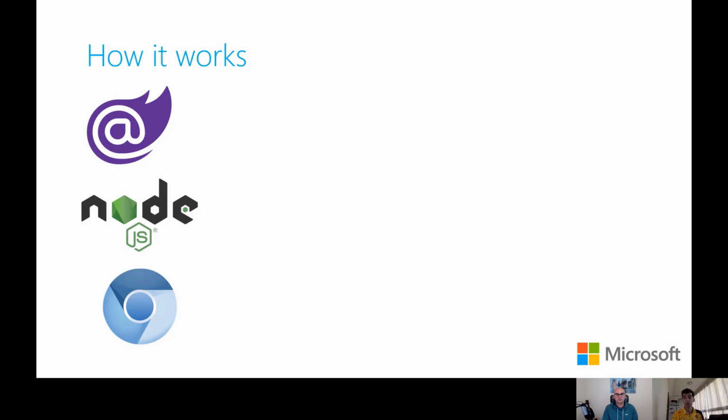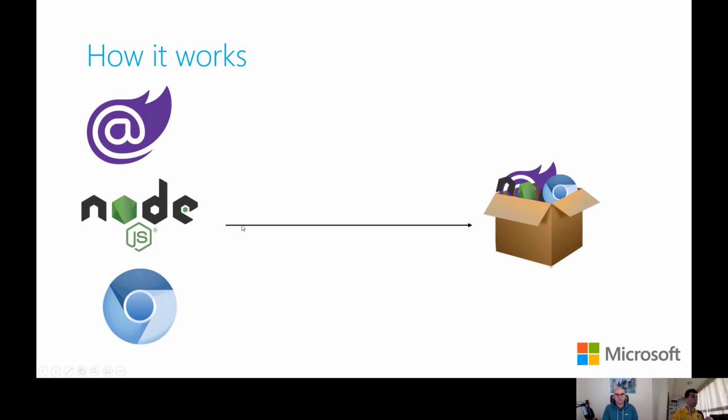You don't need a runtime or to install other things to get your application up and running. So if we put all those things together in one box and ship it to the operating system, we can have a great piece of software that functions properly. This is how it works. We have the client, we have Node.js, and we have, in our case, our Blazor application, and all together they deliver this application.